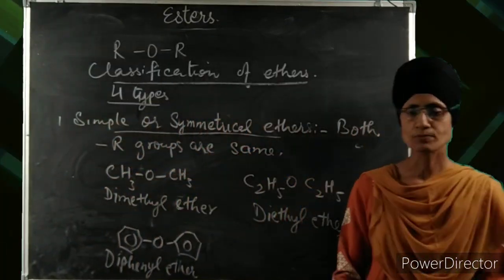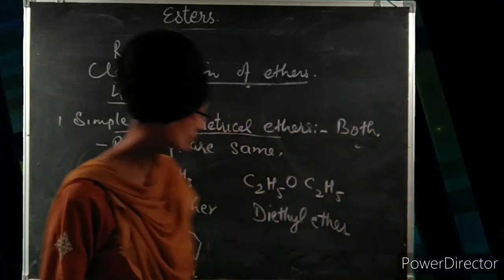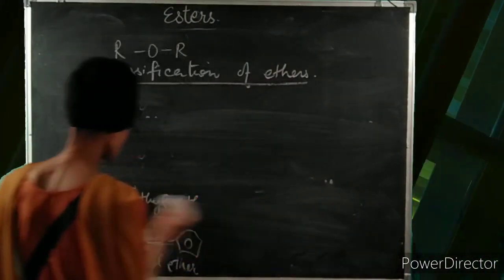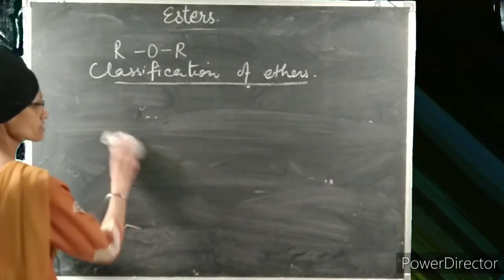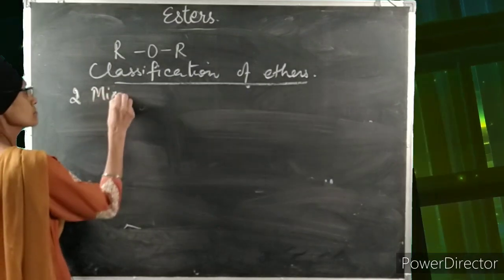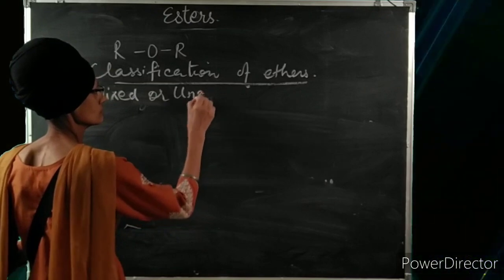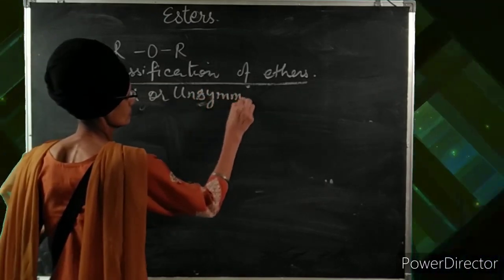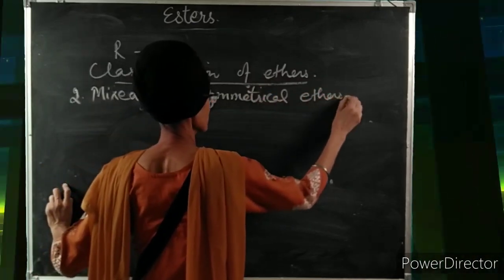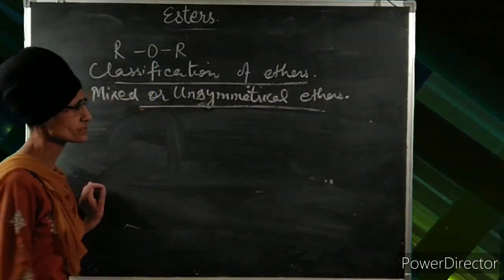Now coming to the next type of ethers, which are called mixed ethers or unsymmetrical ethers. These are those ethers in which both the R groups are different.